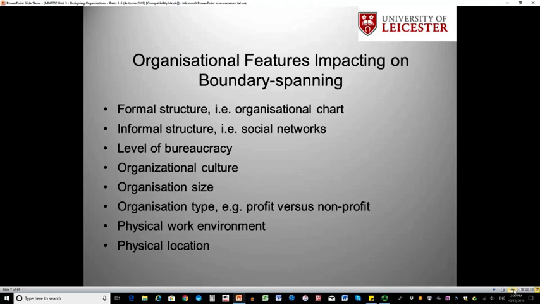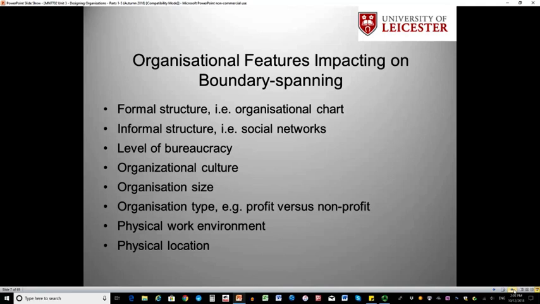When we're thinking about organisations and organisational structure, we tend to see in academic courses perhaps predominantly a focus on the organisational chart, the formal structures in the organisations.